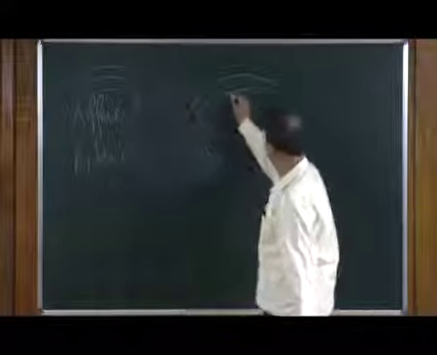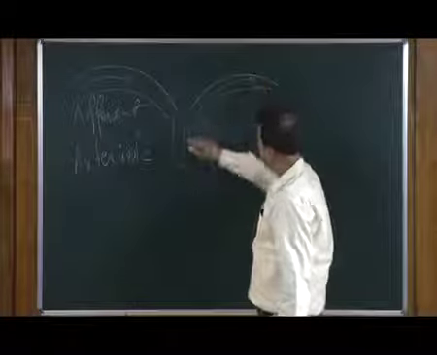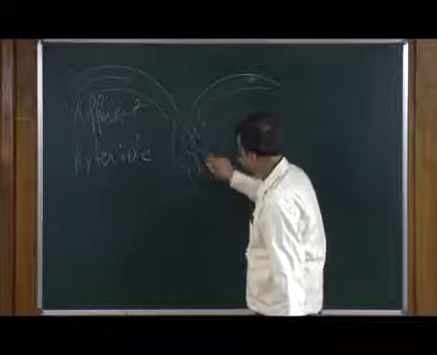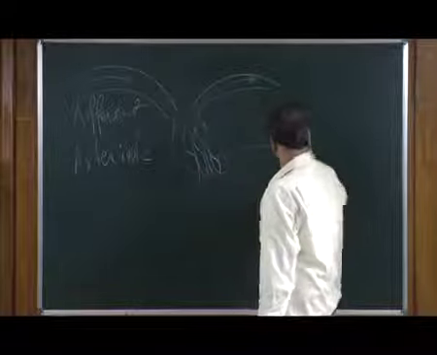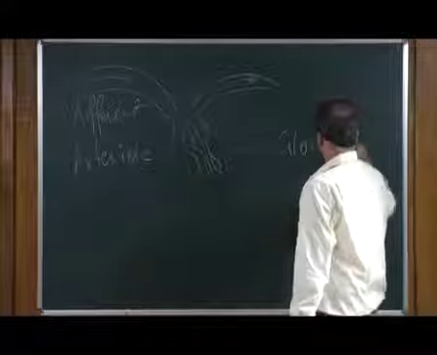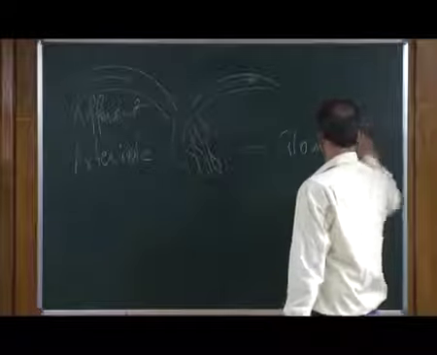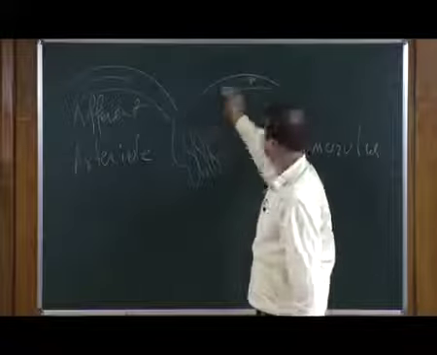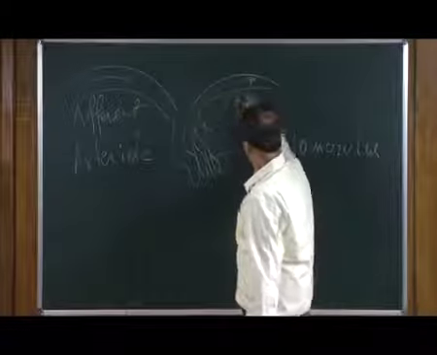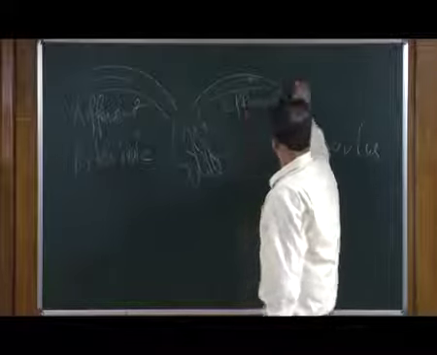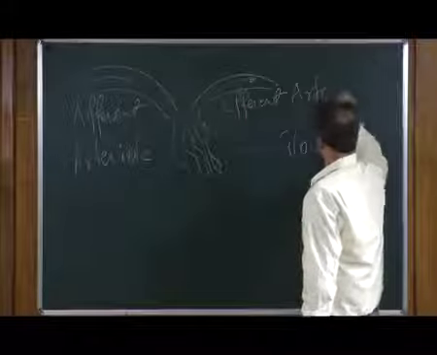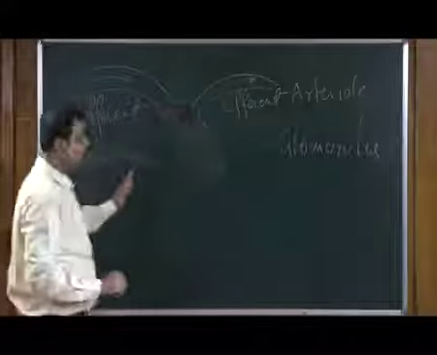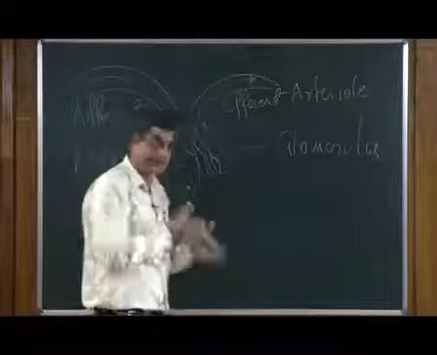Similarly, the blood is coming out after passing through this capillary, which we call the glomerulus, and the blood which is passing out is called the efferent arteriole. So the efferent arteriole and afferent arteriole are the ones carrying the blood.